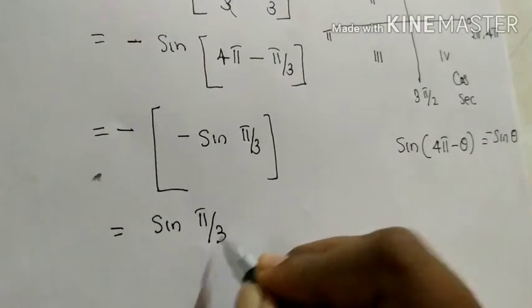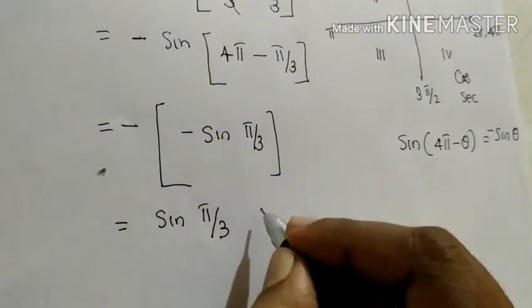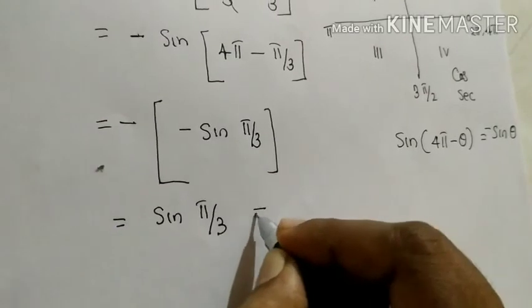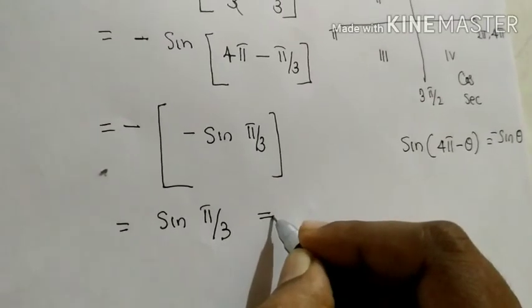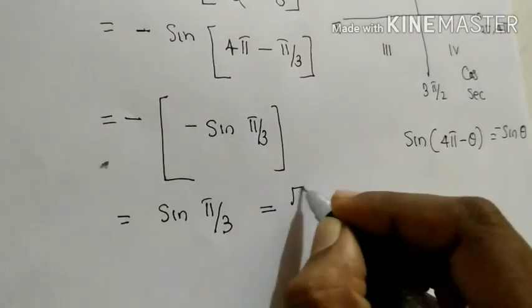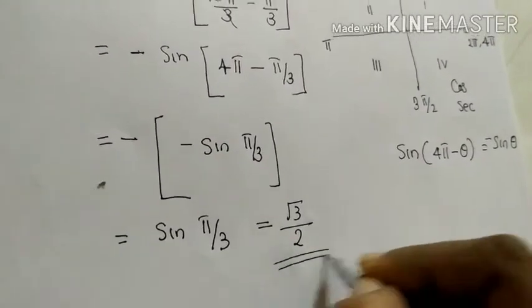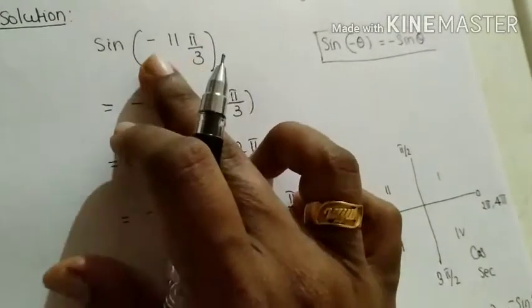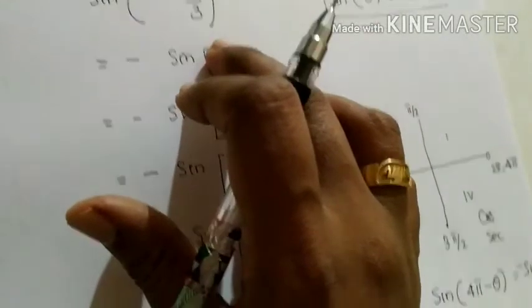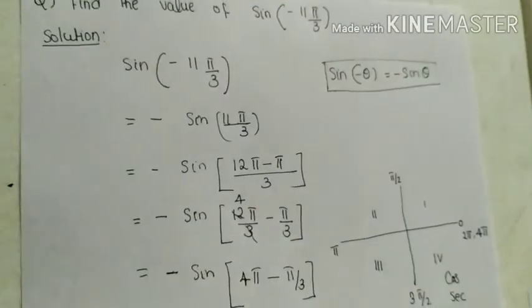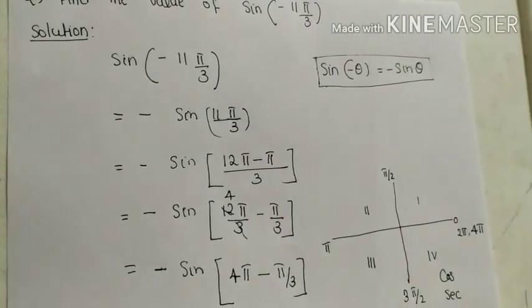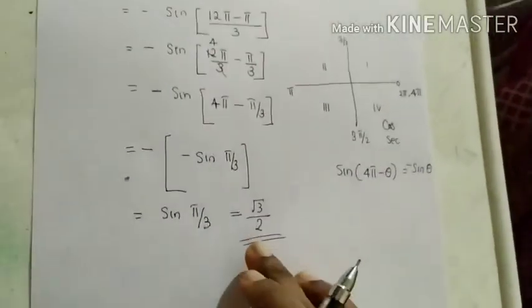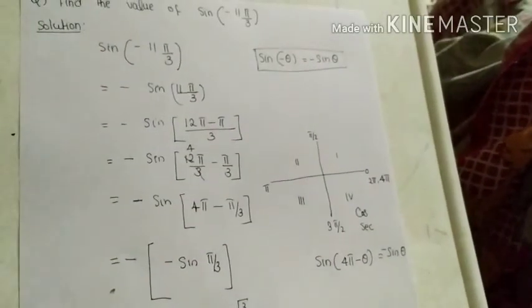Sine pi by 3 is equivalent to 180 by 3, that is 60, right? Sine 60 is root 3 by 2, the answer for sine of minus 11 pi by 3. So sine of minus 11 pi by 3 is equal to root 3 by 2.